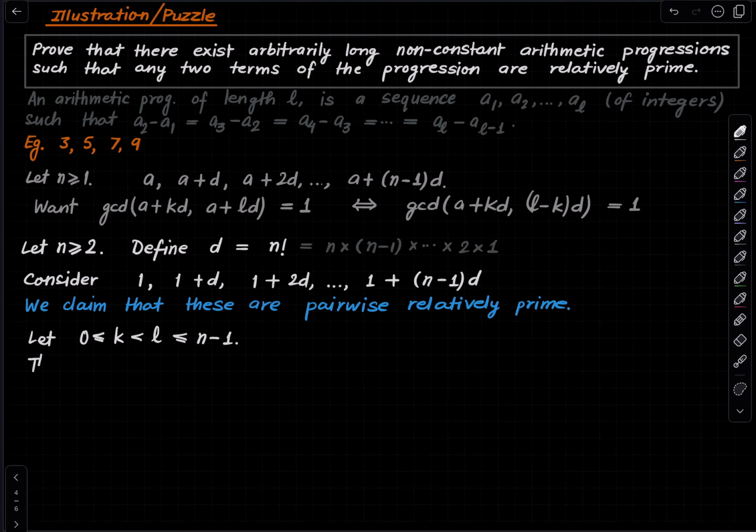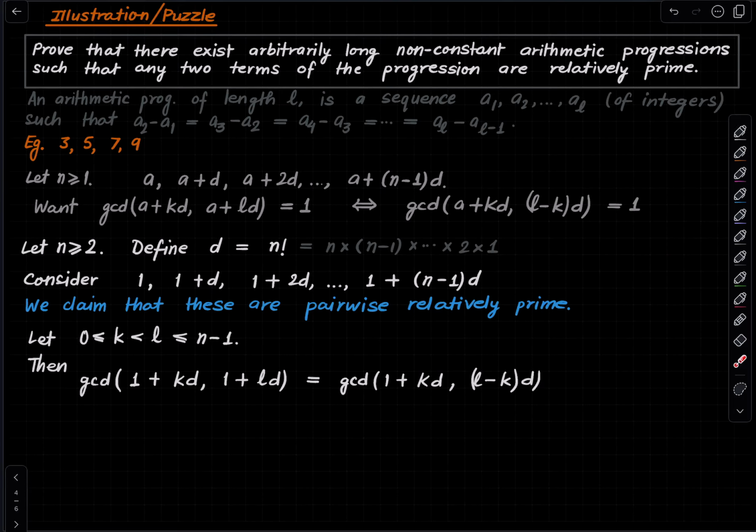Then the GCD of this number where A is 1 and that number, we want to show this GCD is 1. But by the Euclidean thing, this is equal to that.